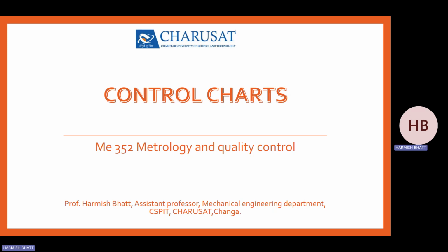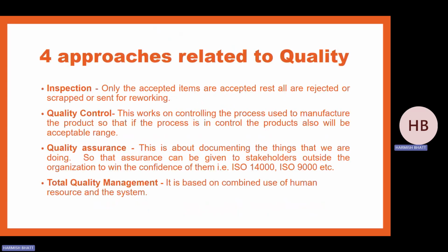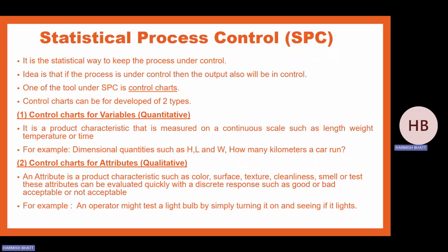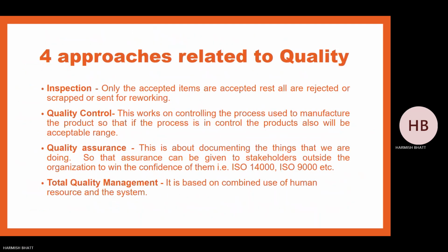In this session, we are going to cover the four approaches related to quality control and the concept of statistical process control. Till now, we are aware of the different terminologies related to quality.